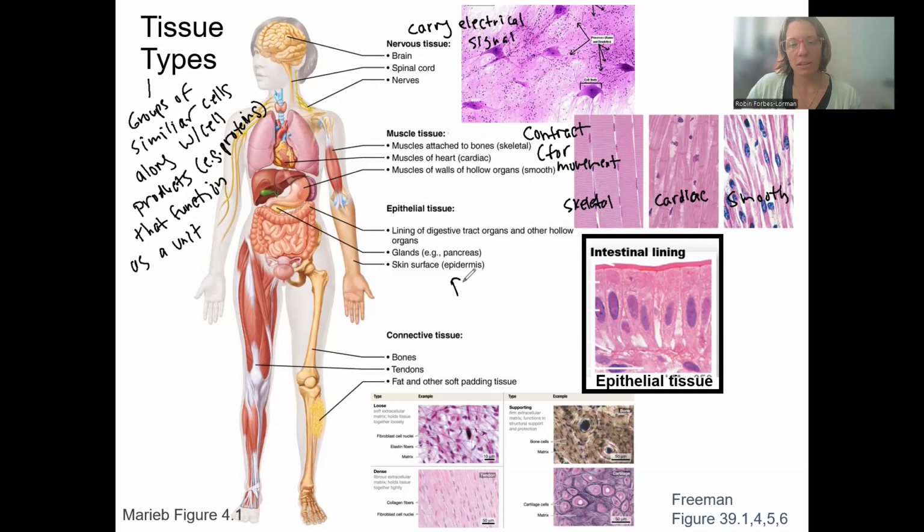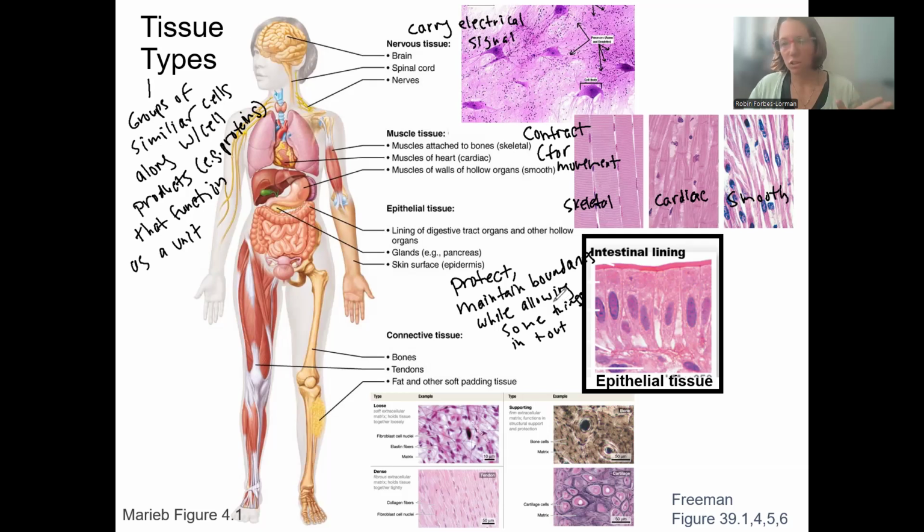So its job is to protect, maintain boundaries inside and outside the body is often what that boundary is, while still sometimes allowing selective absorption and secretion. So while allowing some things in and out.